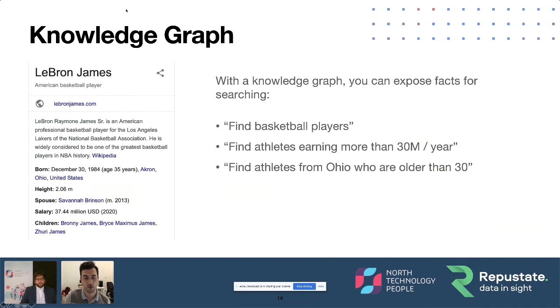So if you had all this data about a basketball player or about athletes and you knew they played basketball, you could support a query like find me all basketball players, or find athletes earning more than 30 million a year, or find athletes from Ohio who are older than 30 years old. So just from relatively simple data, once all the nodes are connected to one another, you get a really powerful apparatus on which you can build very complex queries.